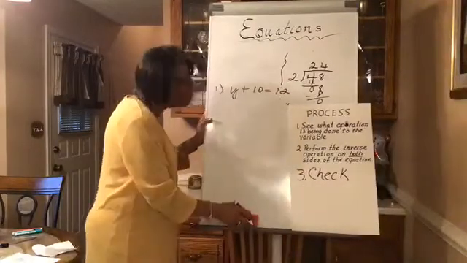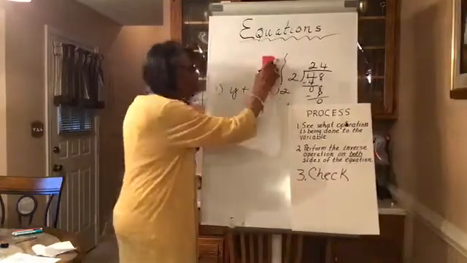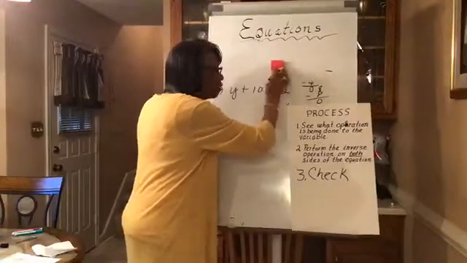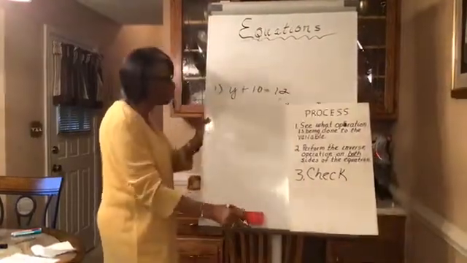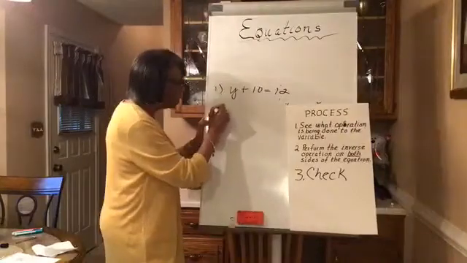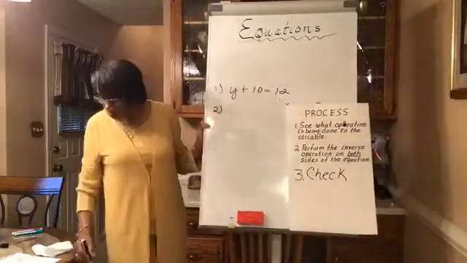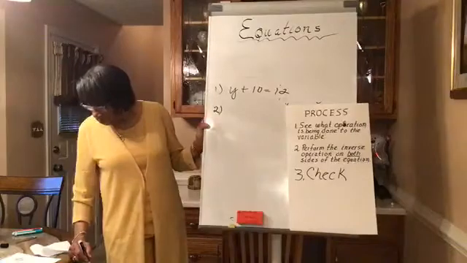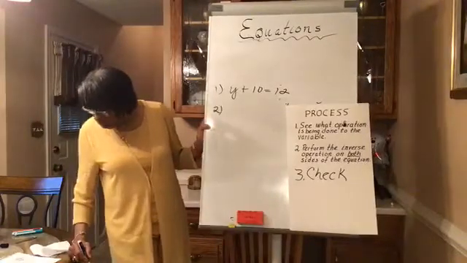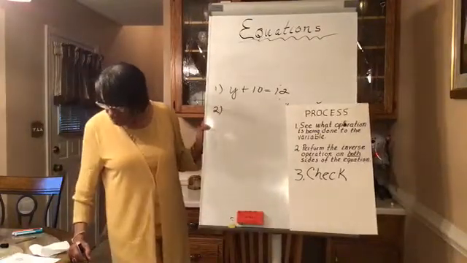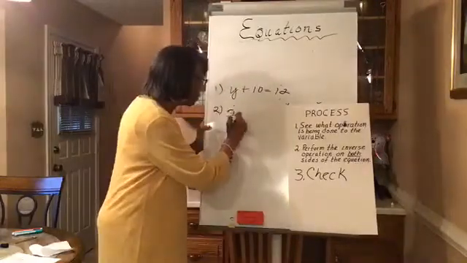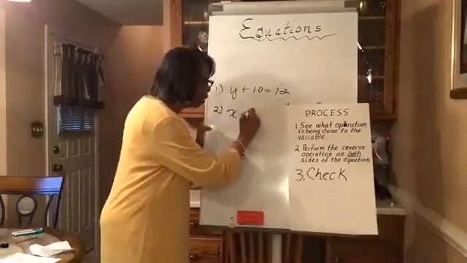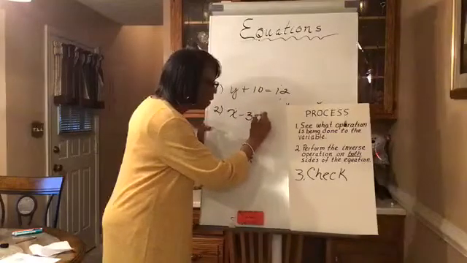See, I give you ones that you know the answer to, but it's not the answer I'm looking at. I'm looking at doing the inverse operation on both sides. All right? Number 2, I'm going to do x minus 3 equals 7.